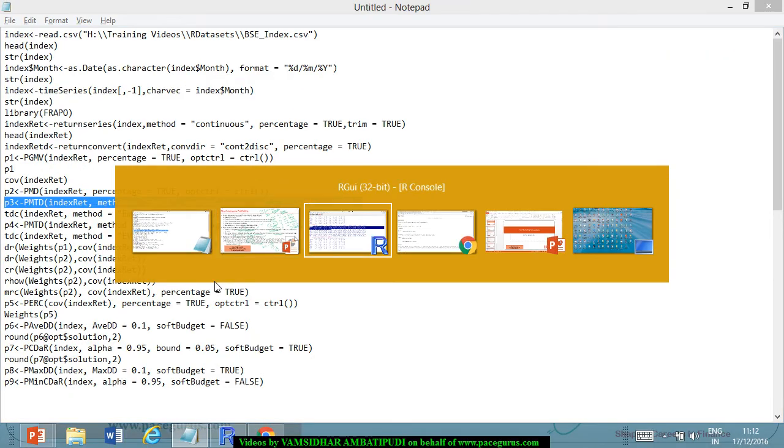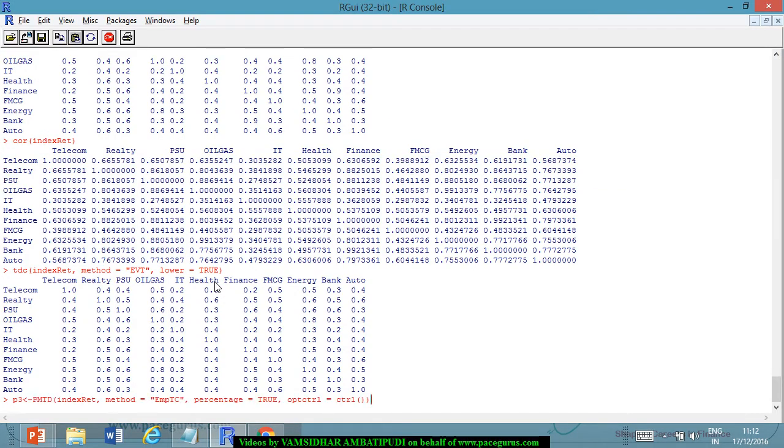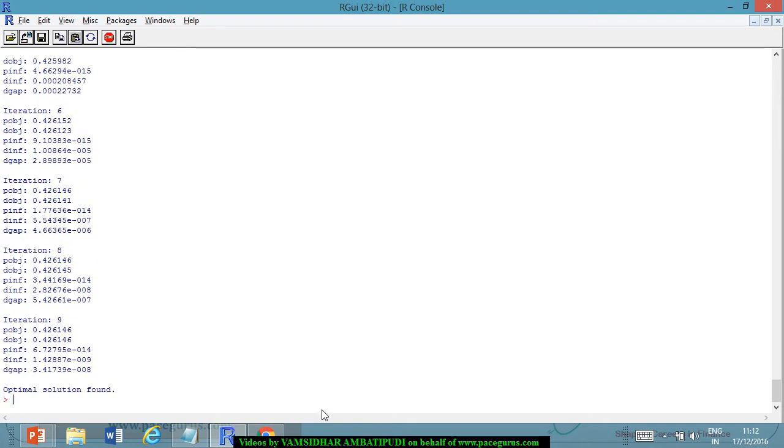For this example, P3 and P4 should be more or less the same. As input to the minimum tail dependence portfolio, I am giving the index returns, and the method is the empirical tail copula method. I could replace it with EVT as well. It took around 9 iterations.